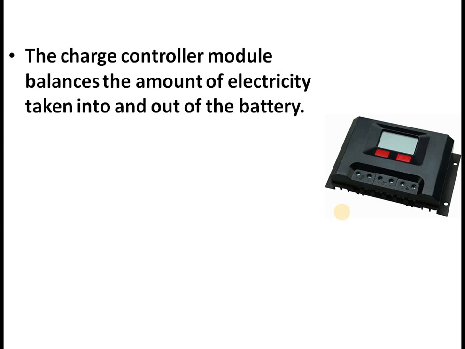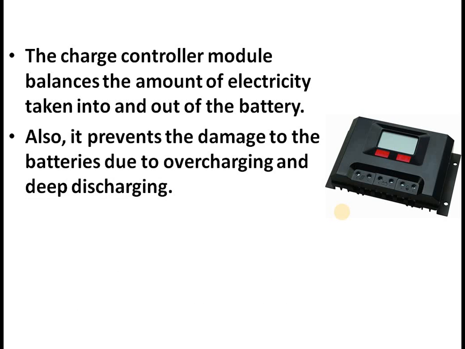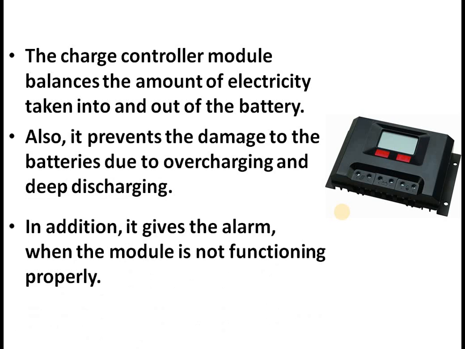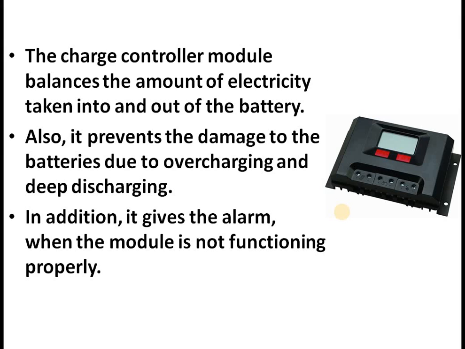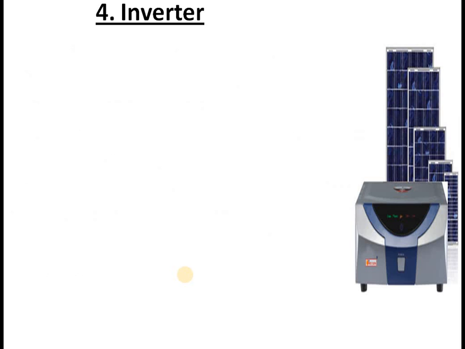So that is made possible by controller. Okay. So by preventing overcharging and deep discharging, it prevents damaging of battery. Similarly, when charge is finished, it will give you an alarm signal. So this alarm is made possible by using this controller. Okay, these are the functions of a controller.